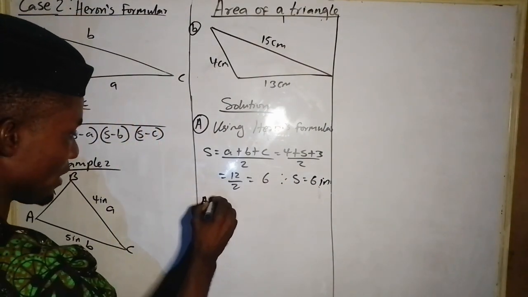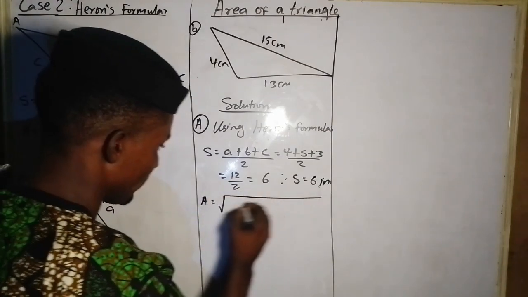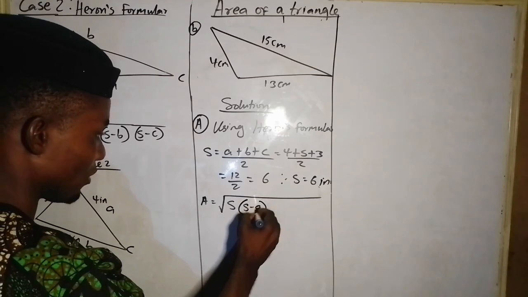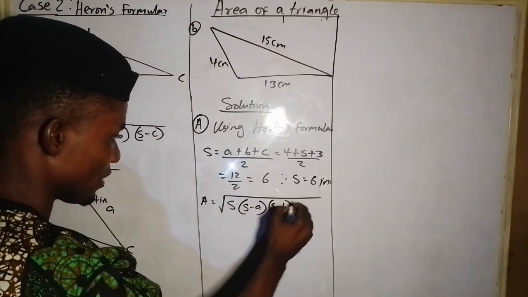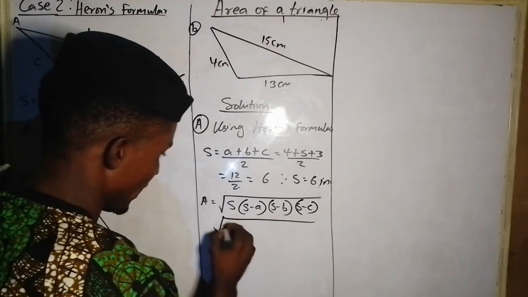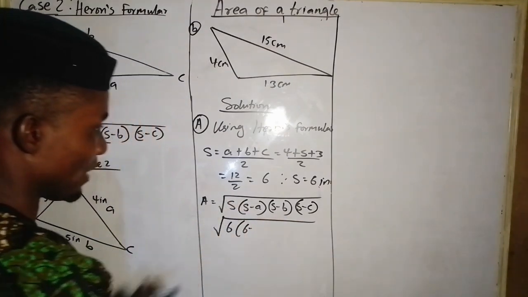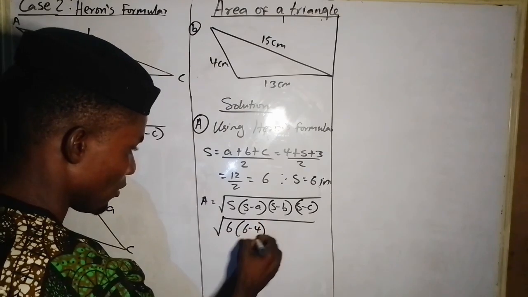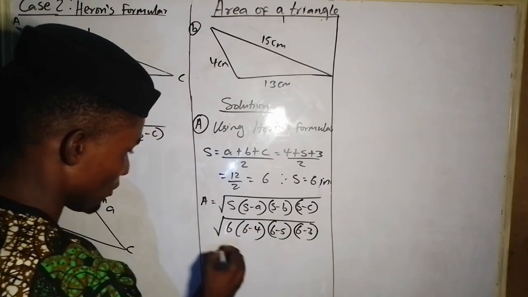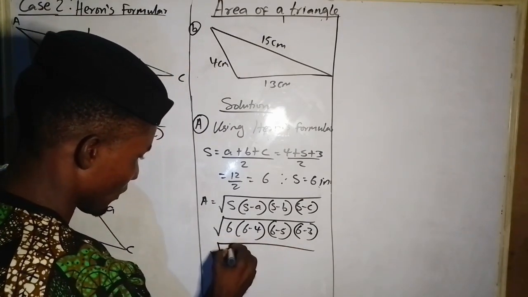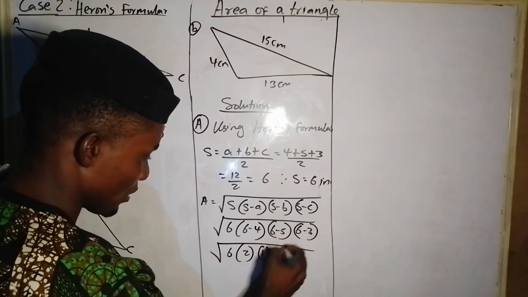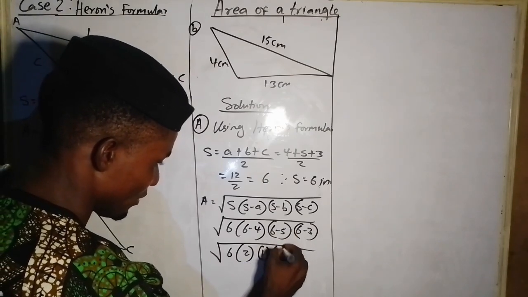Now, the area is going to be the square root of the semi-perimeter S, open bracket S minus A, close bracket, S minus B, S minus C. So my S is 6: in bracket 6 minus 4, 6 minus 5, 6 minus 3.